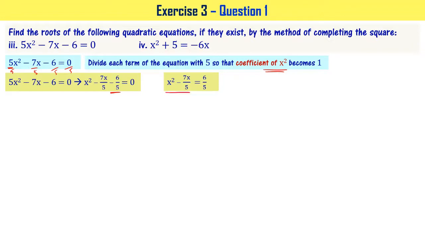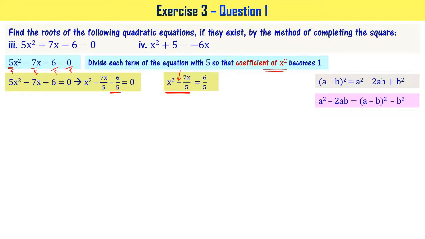Let's find what should be added to this such that the left hand side term is going to be a complete square, right? For that, I'm going to make use of the formula a minus b whole square here. The reason for selecting a minus b whole square is we have a minus symbol here.